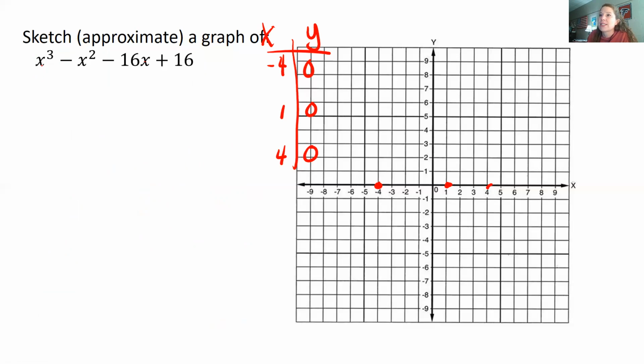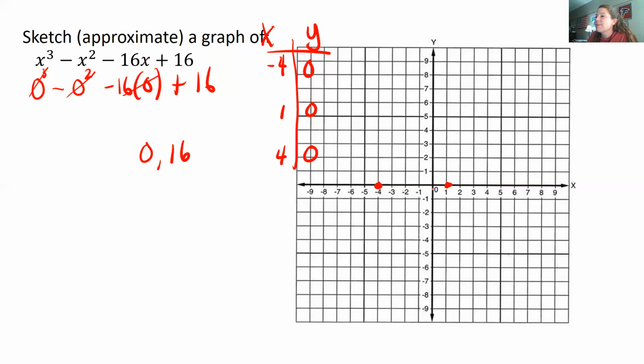So I'm going to set x equal to 0 so I can figure out where this graph will cross the y-axis. So I'm going to plug in a 0 for x there, plug in a 0 for x there. So 0 cubed is 0, 0 squared is 0, negative 16 times 0 is 0. So basically I get 0, 16.